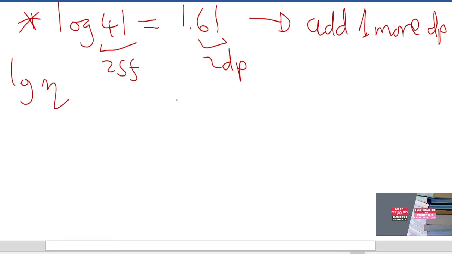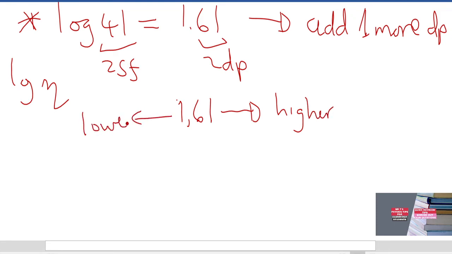These are the ones that have error bars. So 1.61 is our middle value. We're going to have a higher value there, and then we're going to have a lower value.